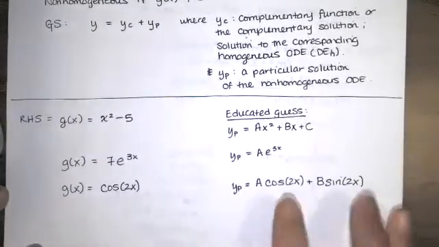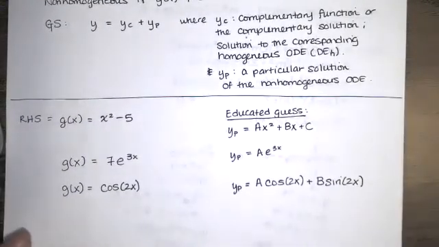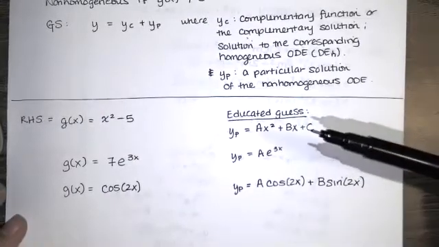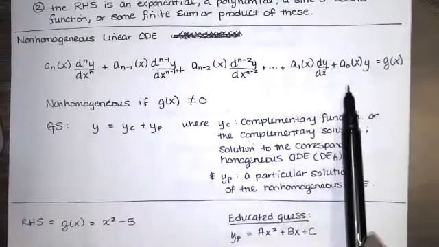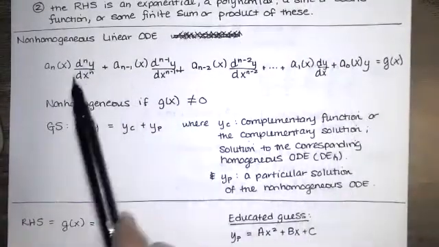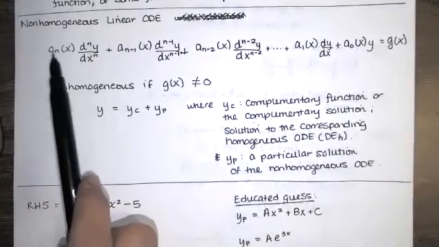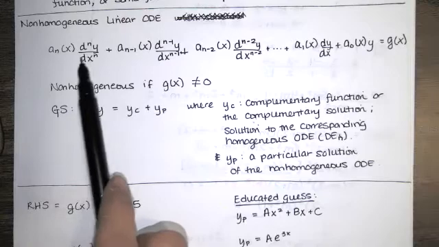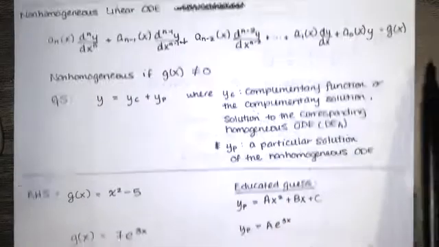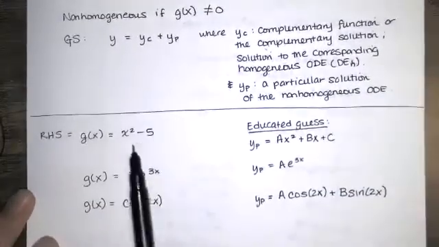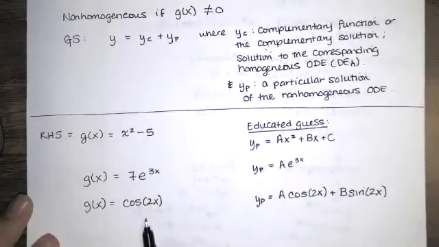Now, if you're wondering, why do you need the cosine and the sine? Or even, why does this method even work at all? Here's the idea. If the left-hand side has constant coefficients, so we've just got constants times derivatives of our unknown function, and then we add all of those together, and we're going to get this function on the right-hand side, which looks like this.